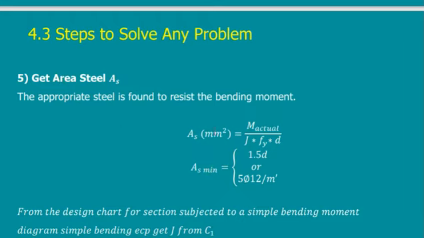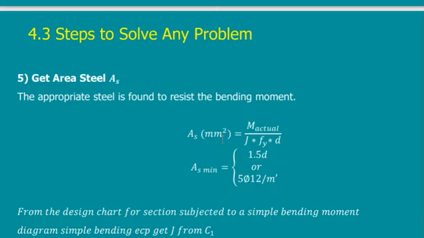So I use the equation that gives you the area of steel. If you use a different equation in your structural reinforced concrete course, use it in this design. Any equation used for calculating the required steel in a concrete section. So I'm proposing this equation to get the steel.